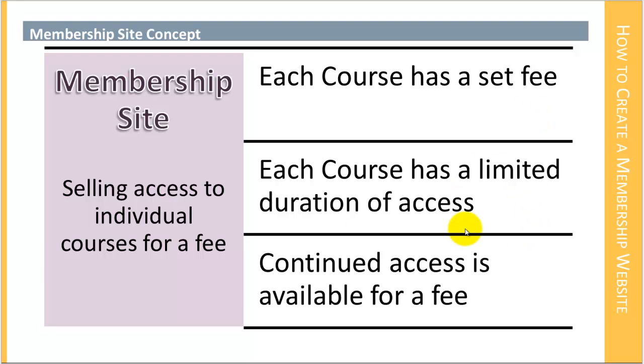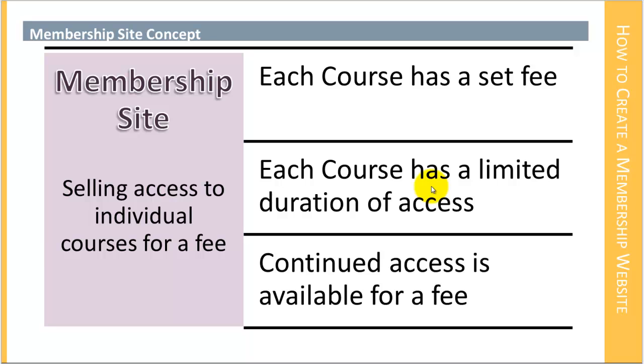Each course has a limited duration of access. I think we'll set them for 6-month access. And continued access can be made available for an additional fee, like a renewal fee. That's going to be the main format of this course.